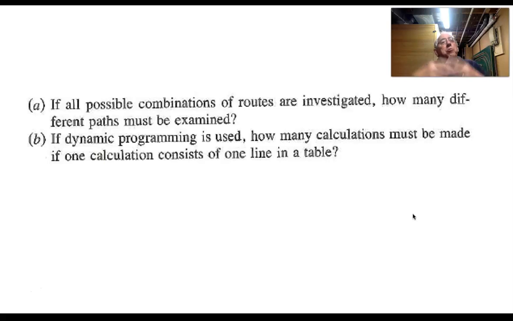Again, that would be if you brute force the problem. And now, if dynamic programming is used, how many calculations must be made if one calculation consists of one line in a table?